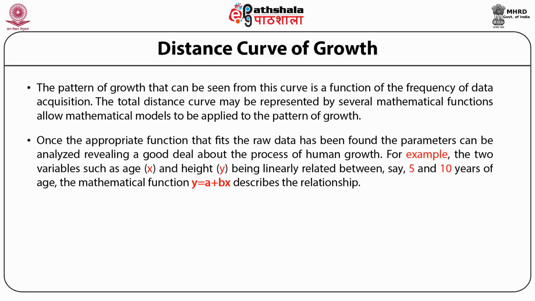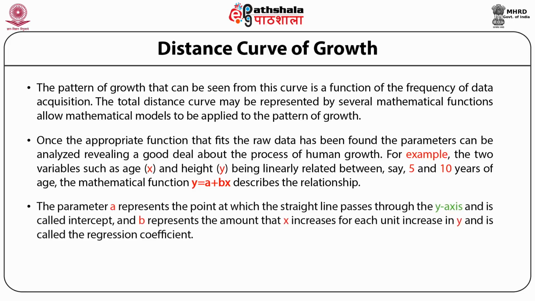For example, if the two variables, age and height, are linearly related between say 5 and 10 years of age, the mathematical function y = a + bx describes the relationship, where height is denoted by y and age by x.